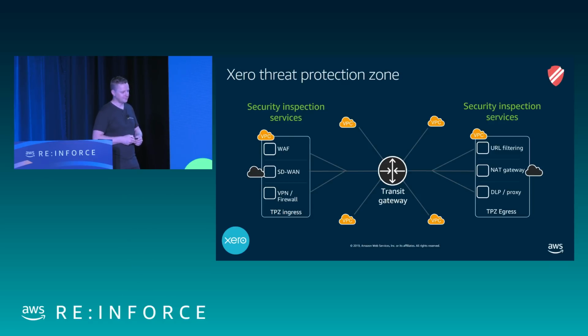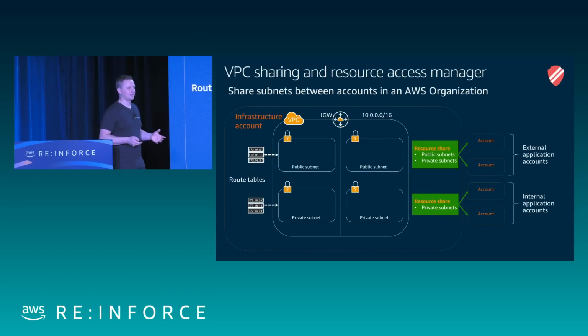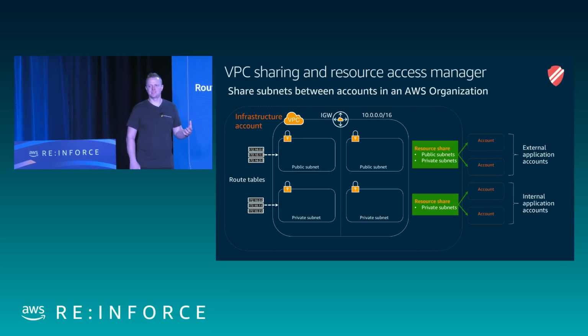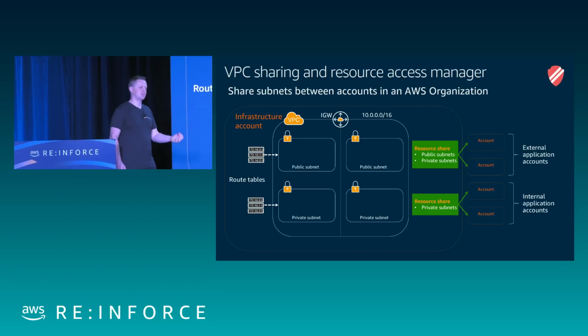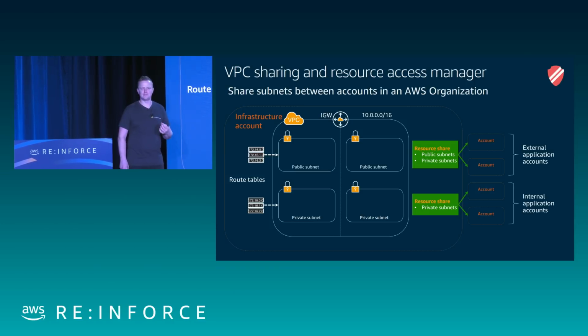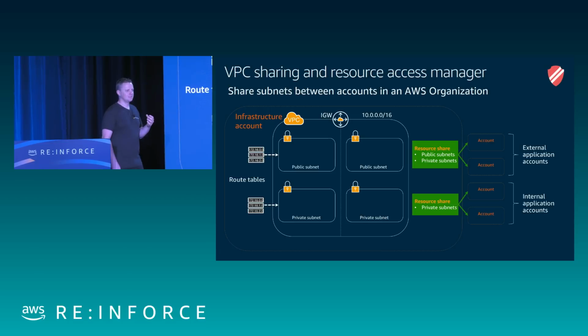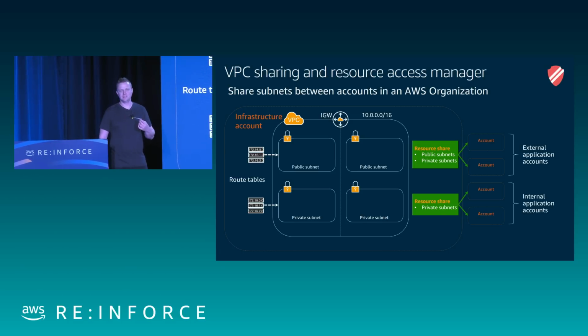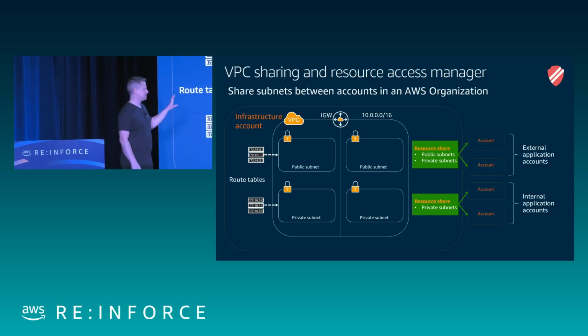VPC sharing. Is anyone using VPC sharing? A couple? Awesome, great. It's really powerful, but it has particular use cases. If you have multiple different teams that you want to share a VPC, that's where it really plays in. You set an owner of the VPC, and they do their things to set up the VPC.